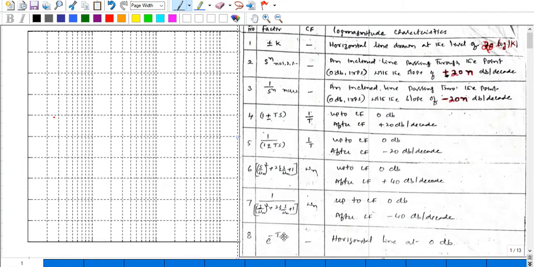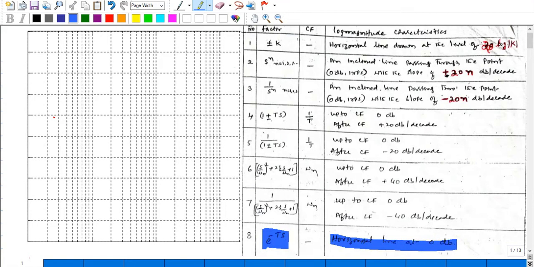If it is in the form of e raised to minus ts, I hope you can see that, so for this particular term e raised to minus ts, what we have to do is draw a horizontal line at 0 dB.